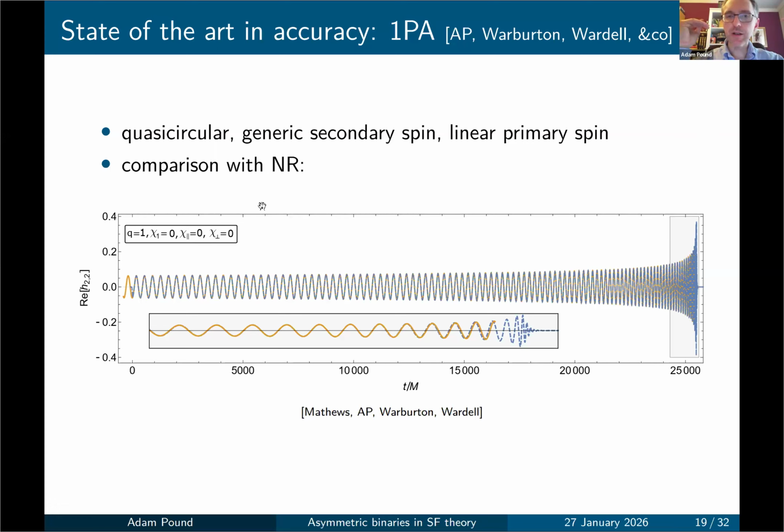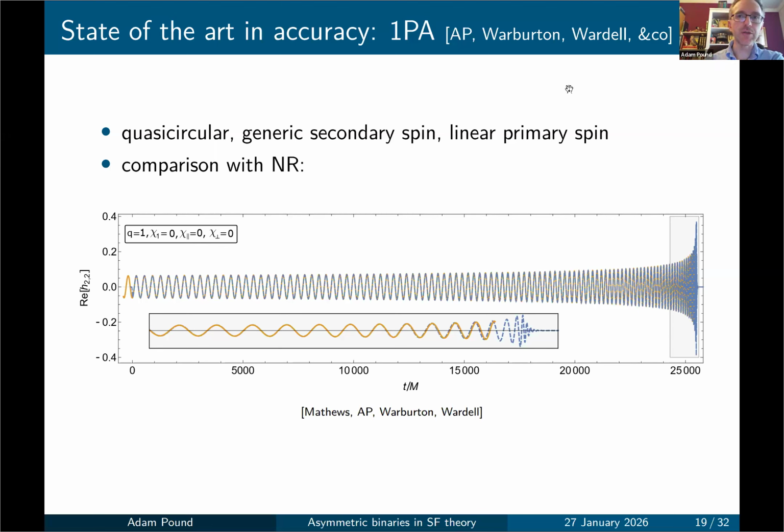Okay, so for the rest of the talk, I'll focus on the simpler case, quasi-circular inspiral, and ultimately merger and ringdown. The reason is that this is where we have the most accurate waveforms. At lower accuracy, we can cover a lot of the parameter space. At 1PA, first post-adiabatic order, we cover basically only quasi-circular inspirals.